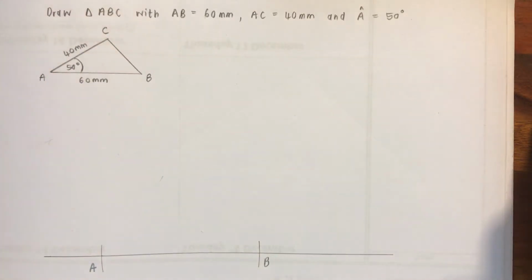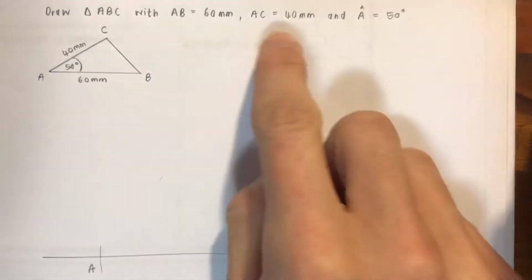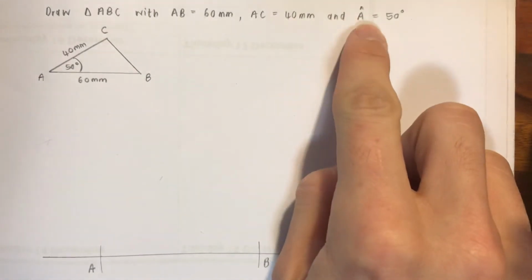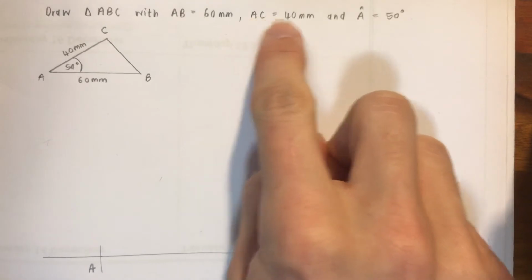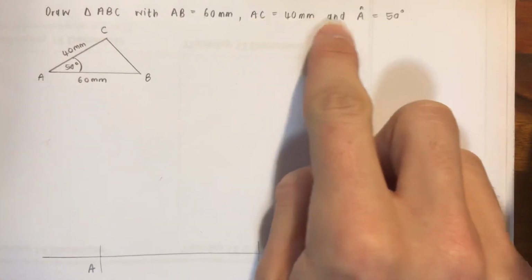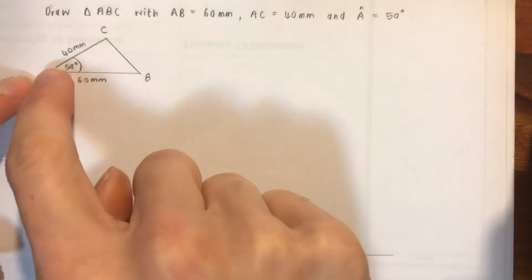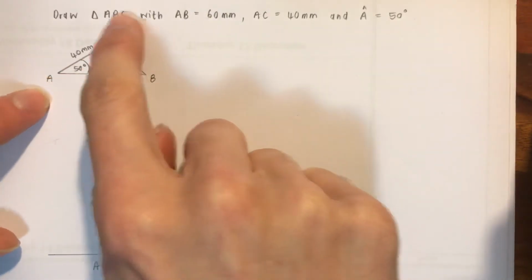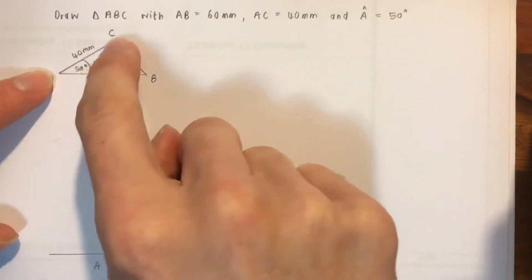Okay. Then we also know that AC is 40 millimeters, so there will be from point A to point C, let's use this rough sketch as a guide, it will be 40 millimeters.